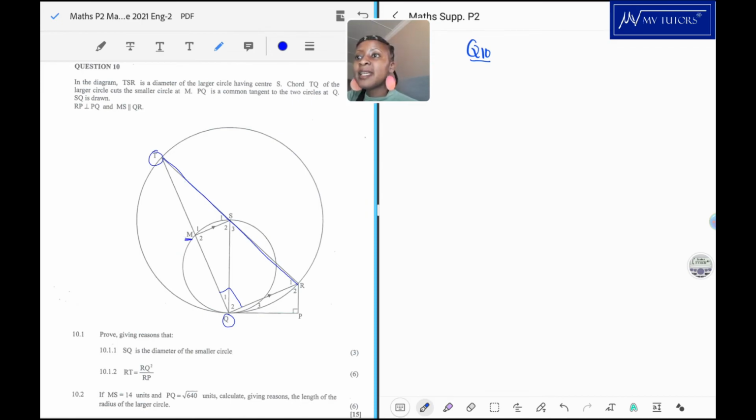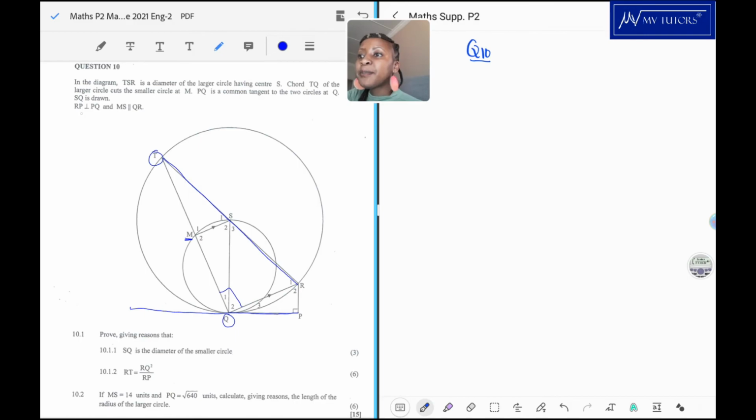All right, PQ is a common tangent. Whenever I have a tangent, I try to extend it, and when I extend it, I have a look at which triangles I am dealing with. PQ is a common tangent to the two circles at Q, and then SQ is drawn.